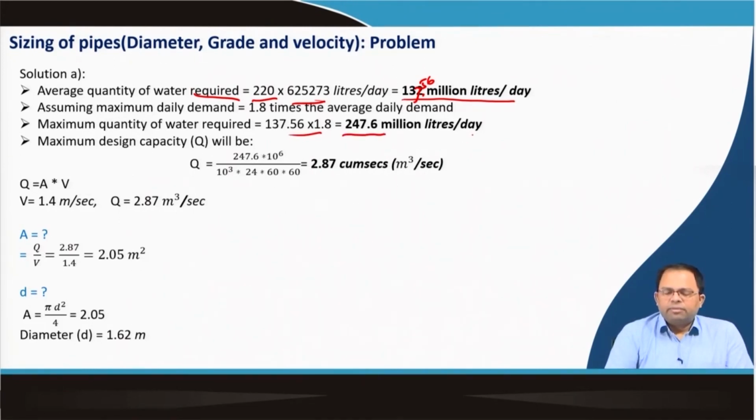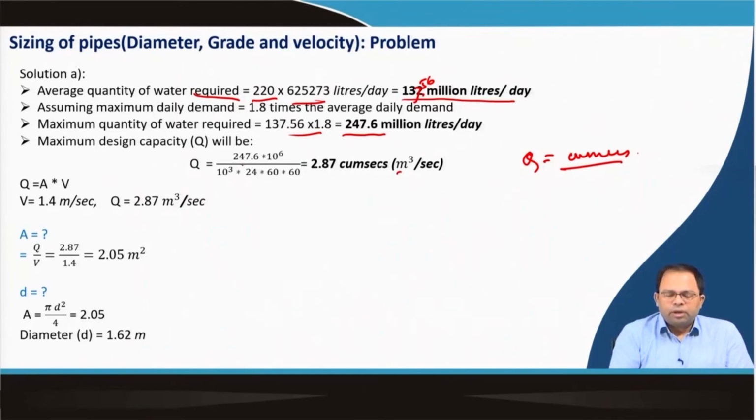So this is the value that is required. This is the amount of water that has to be supplied per day. The maximum design capacity will be, this water has to be supplied in the 24-hour period. As we discussed earlier, Q is measured in Qmax, cubic meter per second.